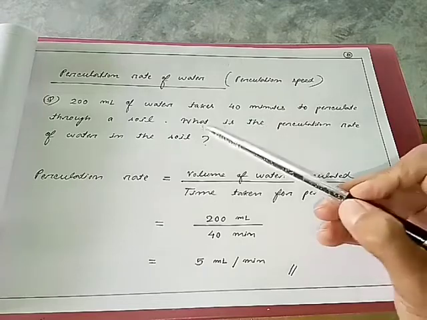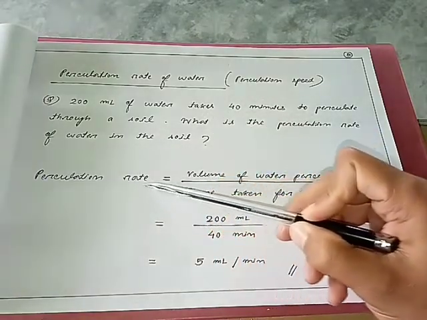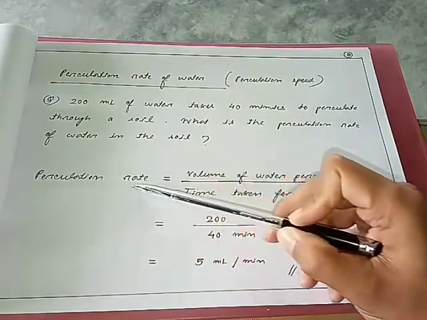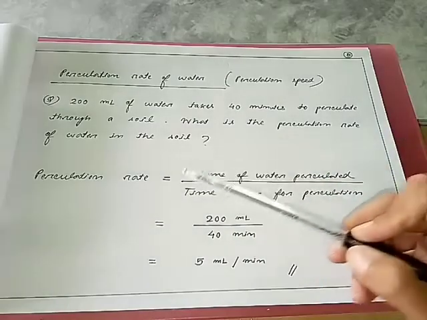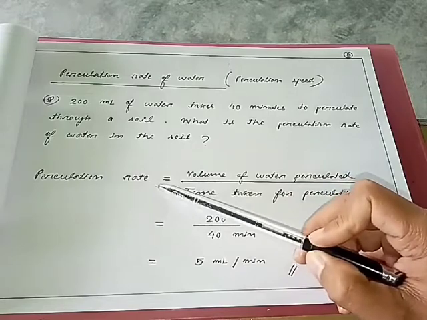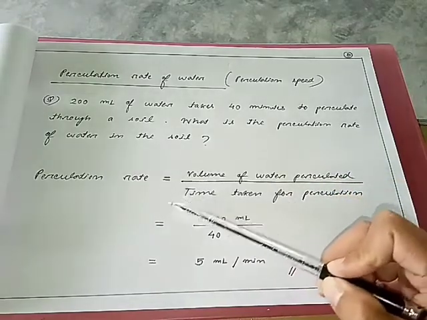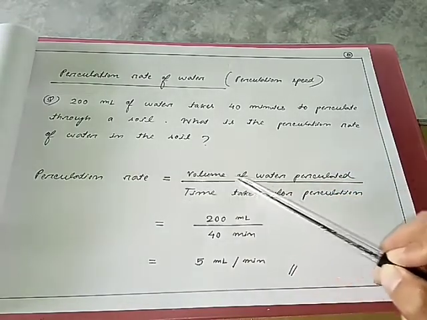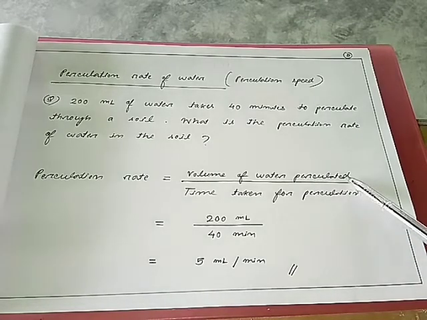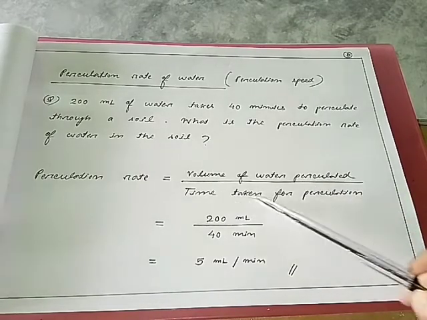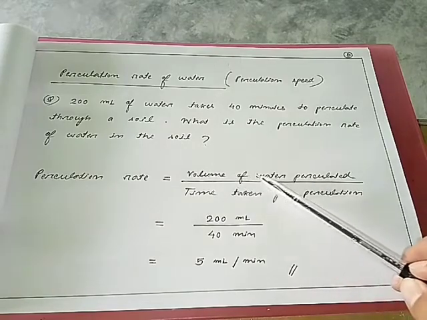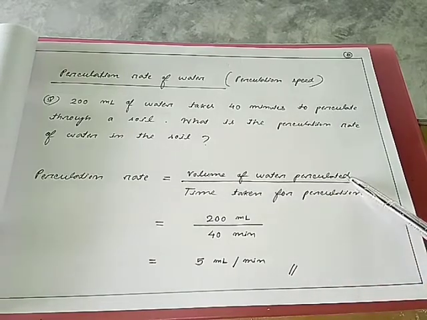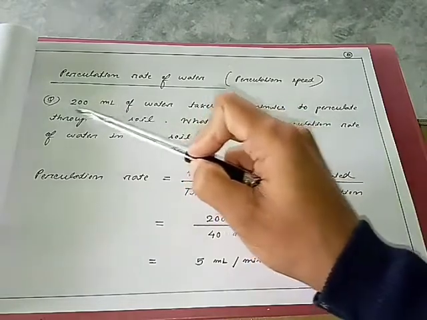Now what will be the percolation rate? What is the percolation speed? Okay, so percolation rate can be found out with the help of this formula: volume of water percolated divided by time taken for percolation. And we know the volume of water which is percolated is 200 ml.